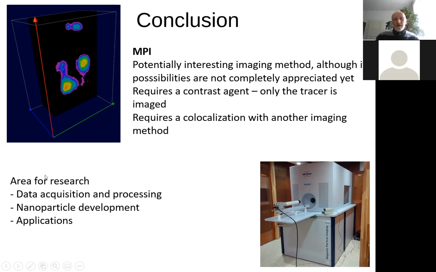The areas in which research is underway are related to data acquisition and processing. As you already saw, data acquisition is very complicated and processing is not simple.